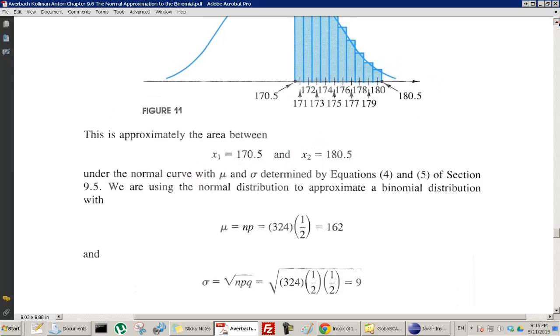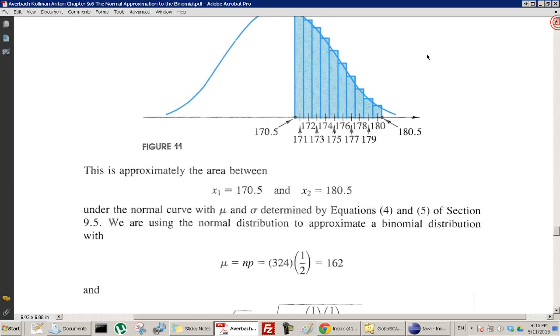You can see that it's not perfect, but the error is this part here, and this part here, and this part here. Those are the errors. Some of the error is underneath the curve, and some of the error is above the curve. When we approximate, we're getting the area just under the curve, so you can see that it's kind of missing some.